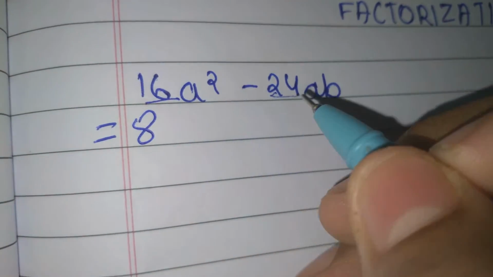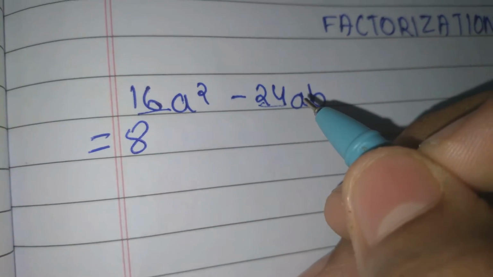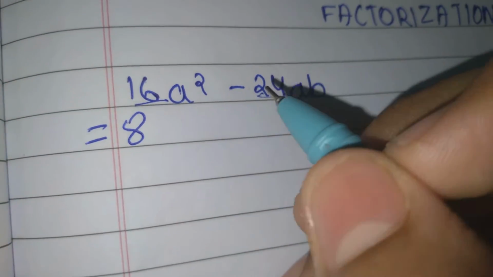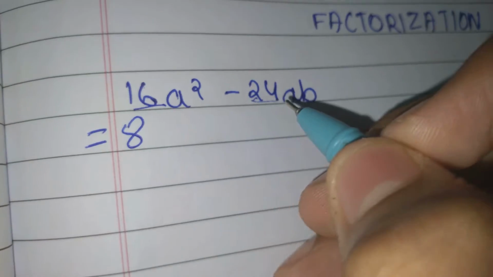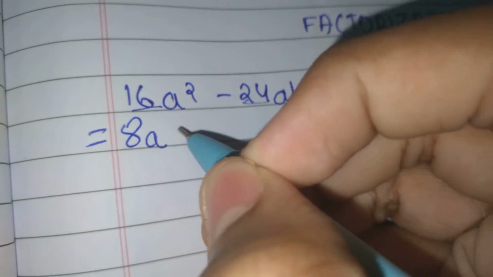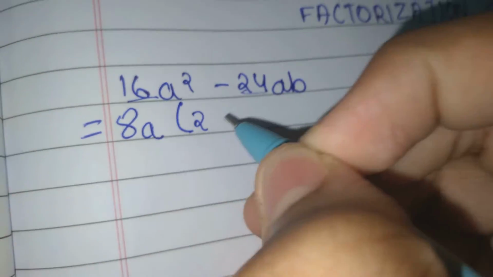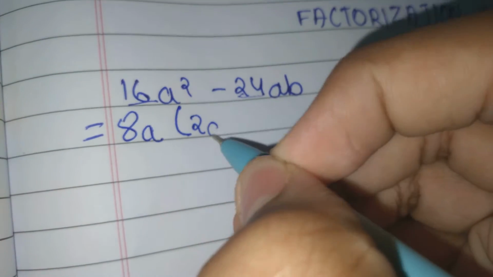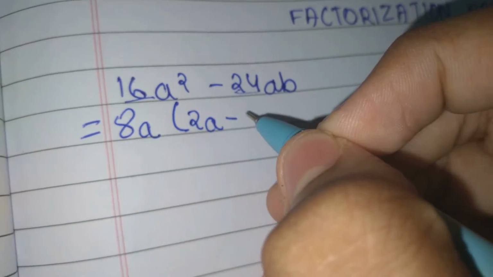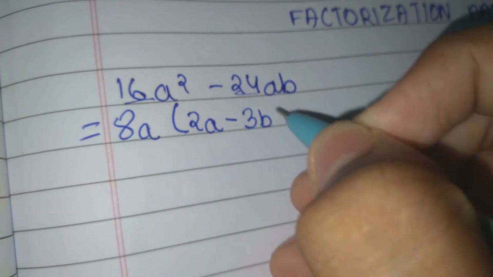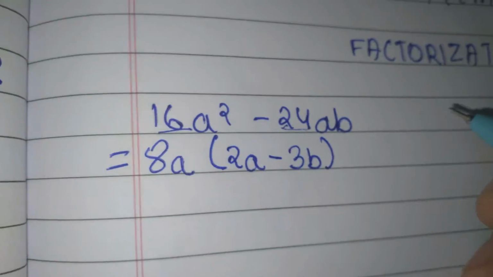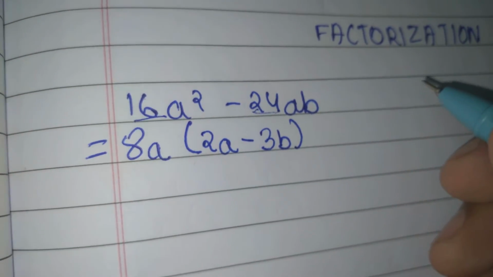So A is present in both the terms, and in the previous one I said that we will take the least power. So we will take 8A and start the bracket. 2A, as A squared is there, then minus 3B. So it is solved. I told you it is simple and easy.